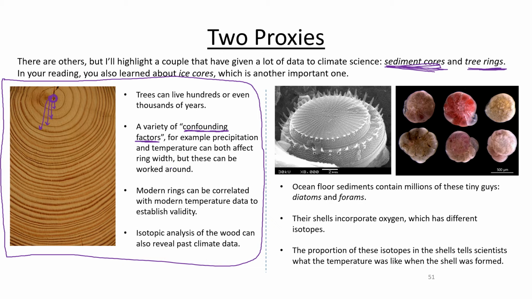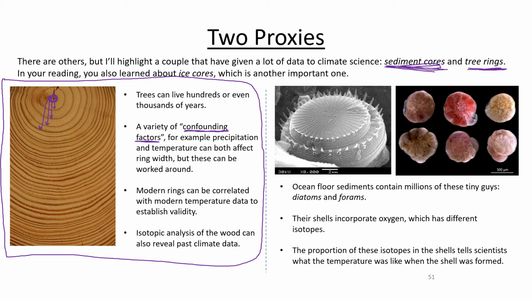Now, it goes without saying that we're not chopping down a bunch of trees every time we do a tree ring proxy study. What we're doing is taking a core. They take a special tool, essentially like a hand drill, and carefully drive it into the tree and pull out a very long, narrow column from the very center of the tree, if they want to look at the very first years of the tree's growth.